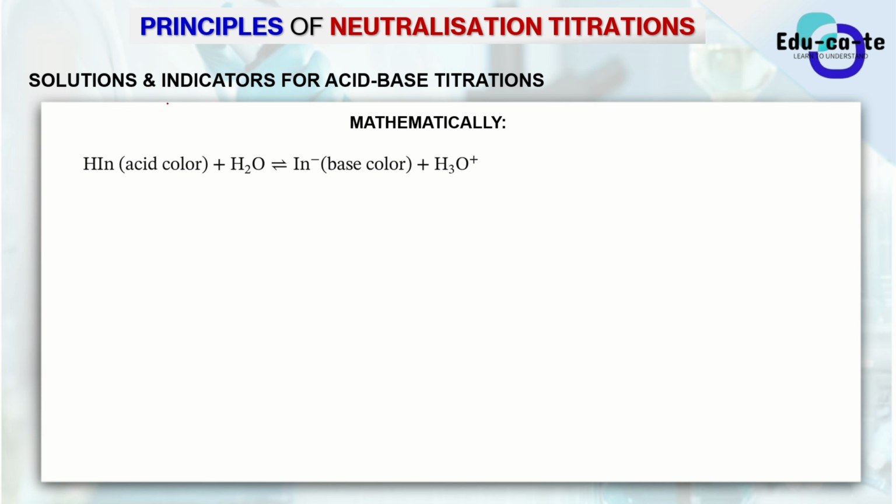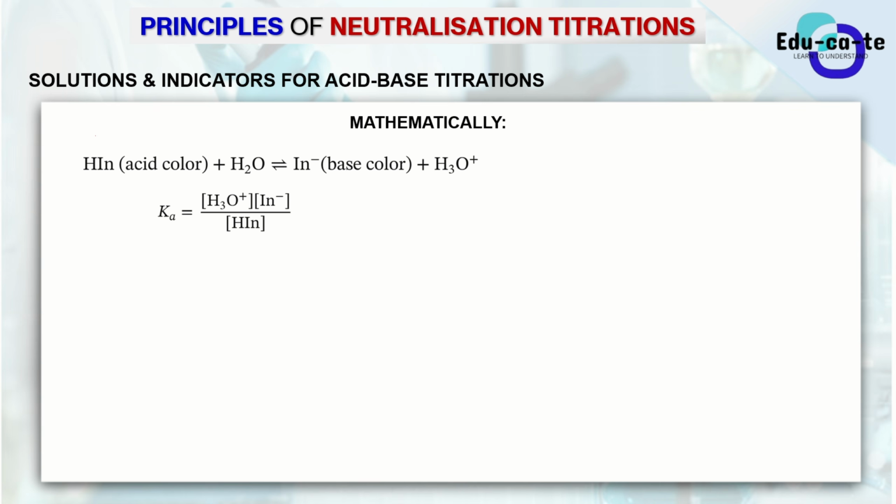From our video last time, we talked about the indicator as a weak organic acid. Whenever it loses a proton, what does it do? It changes its color. Hence we say it's an indicator, because it changes color whenever it loses a proton. So when we look at this equilibrium reaction, we can write the equilibrium constant for this particular acid.